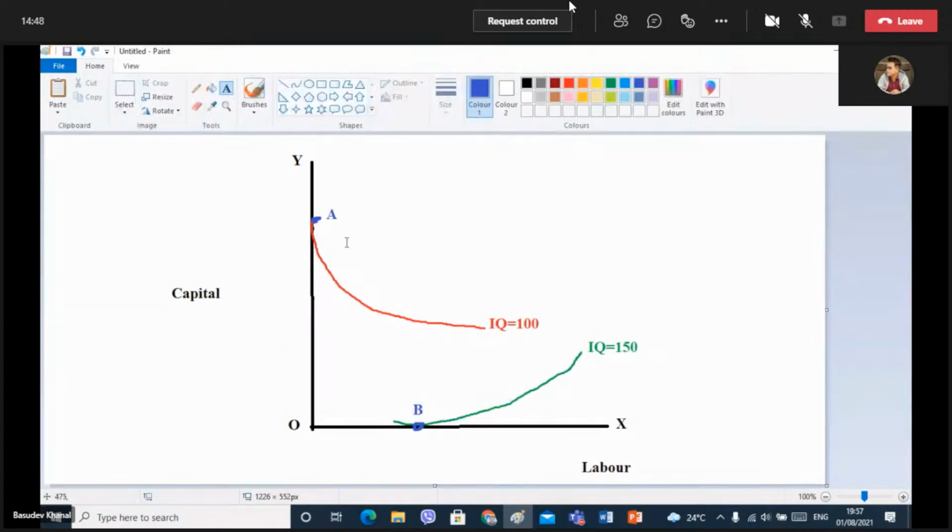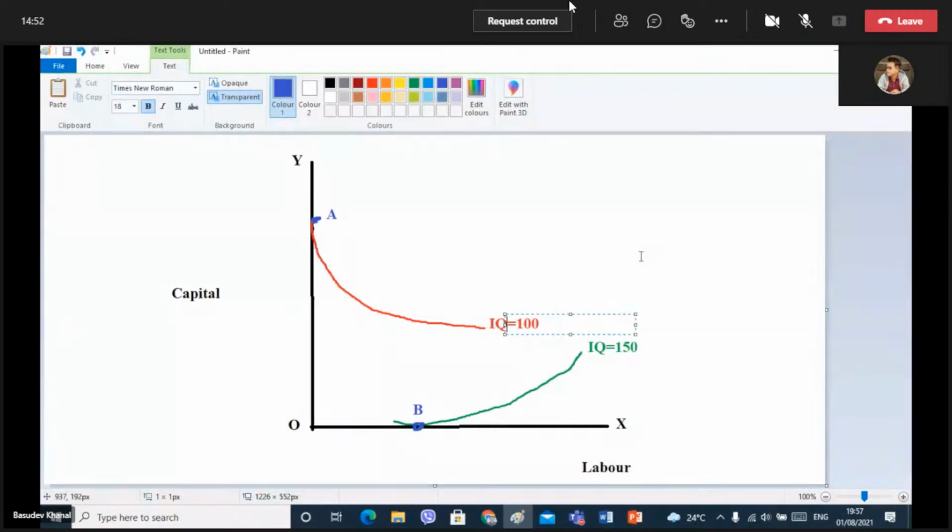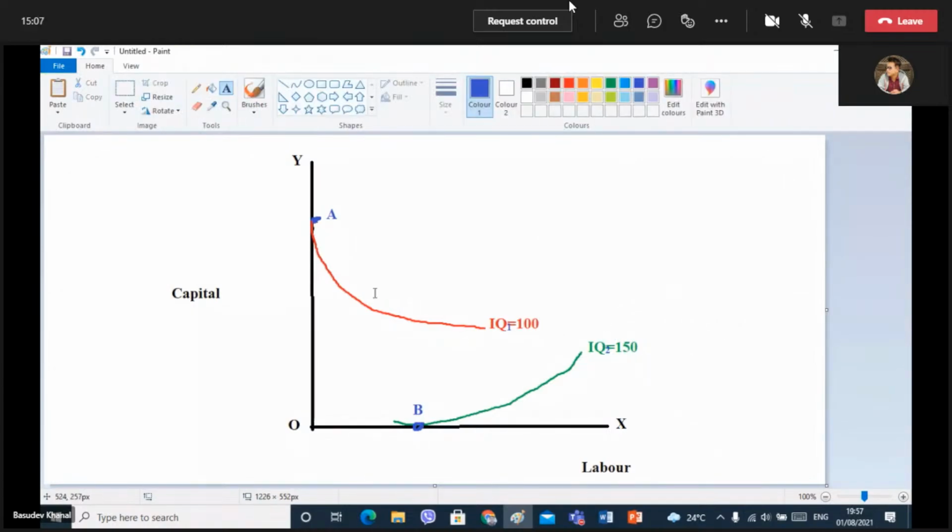In the point A, which lies on the IQ1, labor is 0.